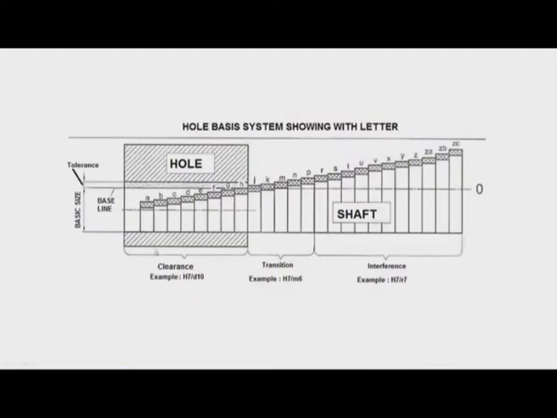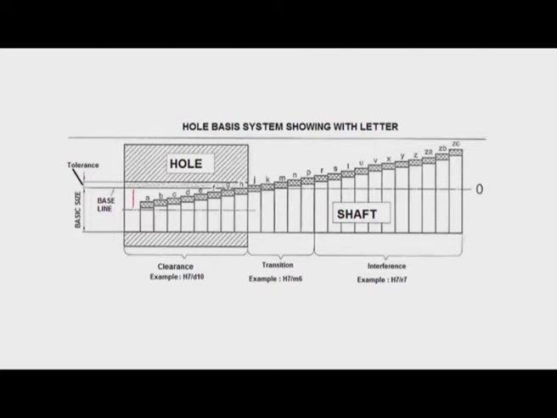And here the hole basis system is shown with letters. That means the H hole is considered here, the basic hole where deviation is 0. That means the basic size is the lower limit of the hole.